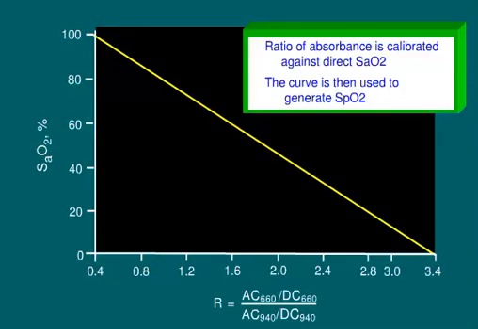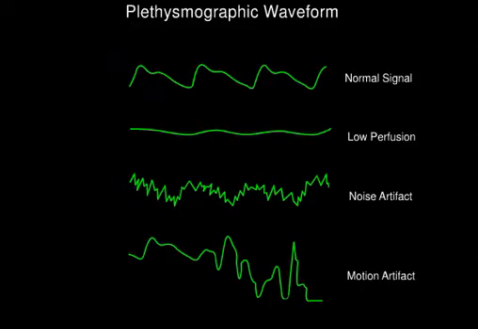The resultant calibrated curve is then used to generate the SpO2 values that we all see on the pulse ox machine. Most instruments, in addition to the digital readout, will also have a waveform display. And this will help the clinicians to distinguish a false signal from a true signal.